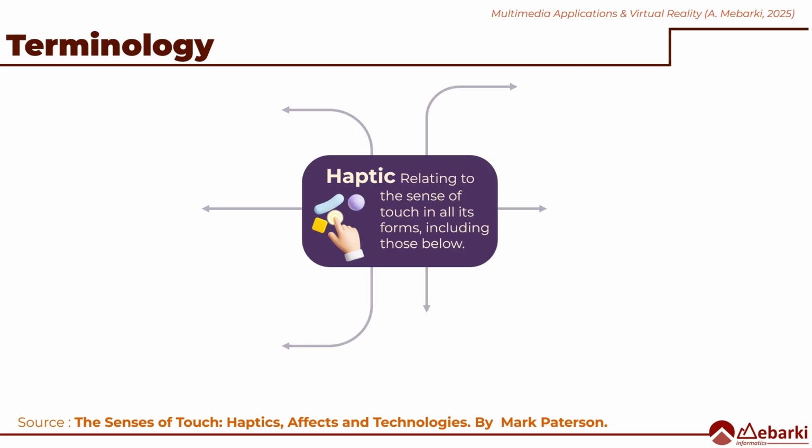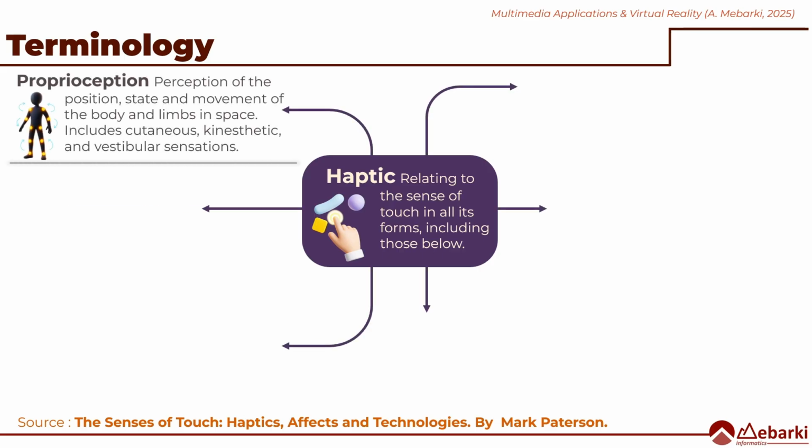First, proprioception enables users to perceive the position, posture, and movement of their body and limbs in space. In VR, this sense is continuously stimulated through motion tracking and spatial consistency, allowing users to feel that their virtual body corresponds to their real one.